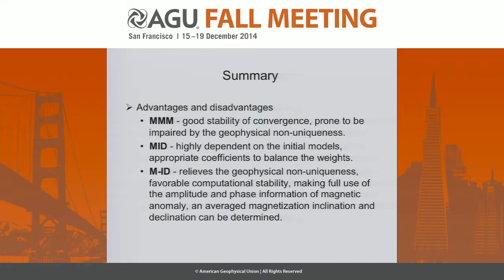For the 3M method, it has good convergence stability but is prone to be impaired by geophysical non-uniqueness. For the MID method, it highly depends on the initial model, and it needs a weight coefficient to balance the weights. As for the M-ID method, it relies less on the initial model and also makes full use of the amplitude and phase of the magnetic anomaly, and the average magnetic inclination and declination can be determined.